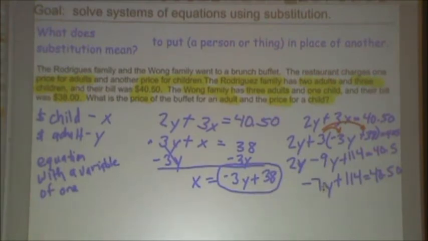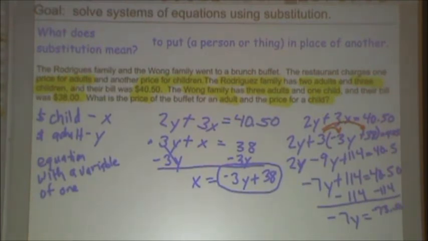And now I've got a two-step equation, so I want to move the 114 to the other side by subtracting 114, and I get negative 7y equals 40.50 minus 114, which equals negative 73.5.